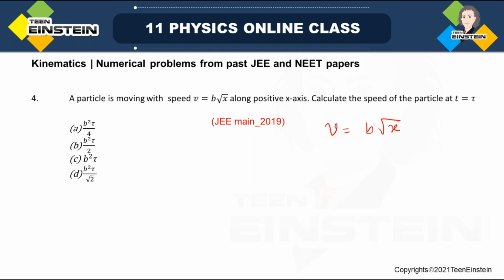The question is: calculate the speed of the particle at t is equal to tau. T means time. So after tau time, what will be the speed of the particle?